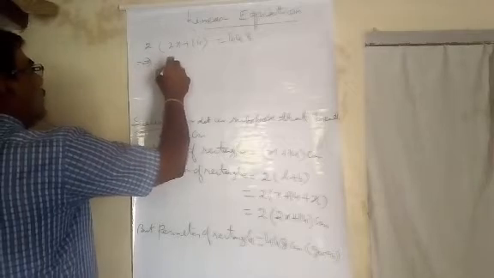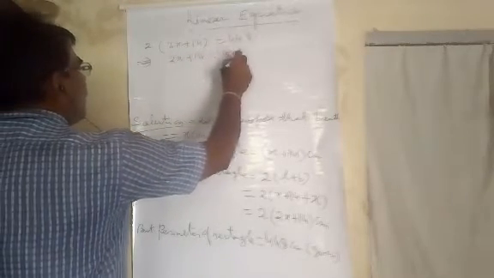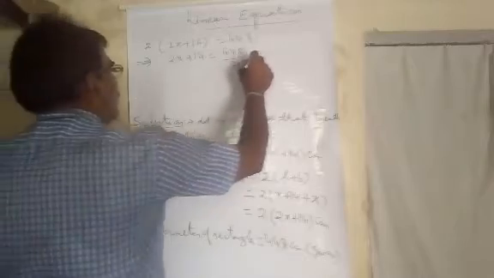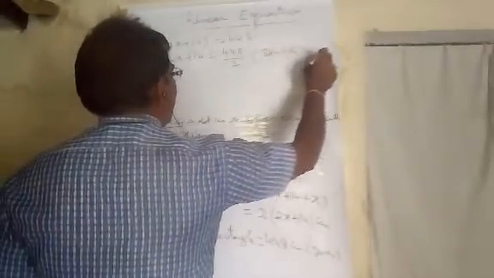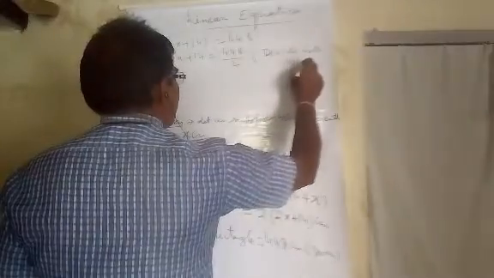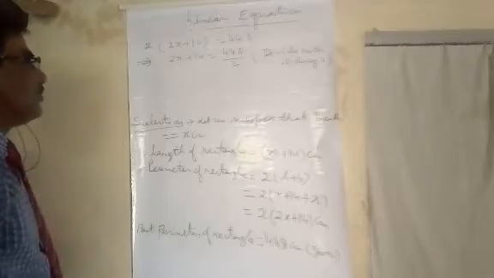Then it will be 2x plus 14 equal 448 divided by 2. Divide both sides by 2.